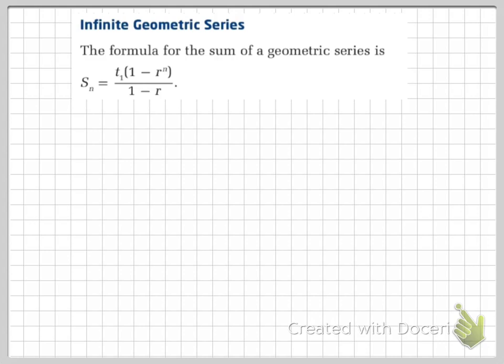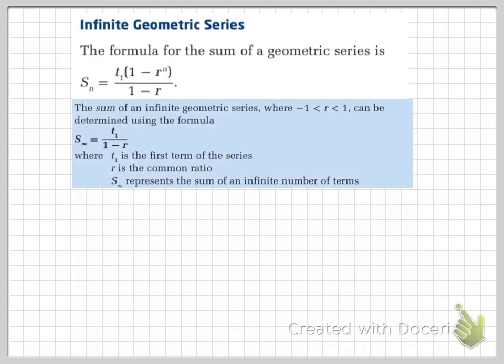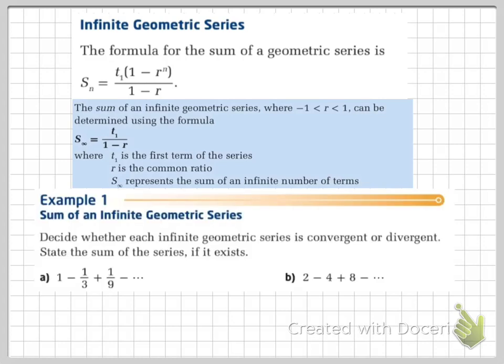What we're going to say is that the sum of an infinite geometric series, where r has to be between -1 and +1, it's the only way it works, can be determined using the formula: the sum, as we approach infinity, is S sub infinity equals t1 divided by 1 minus r, where t1 is the first term of the series, r is the common ratio, and S sub infinity represents the sum of an infinite number of terms.